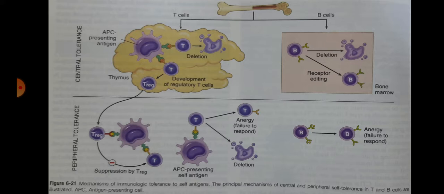Two of these inhibitory receptors are CTLA4, which like CD28 binds to B7 molecules, and PD1, which binds to two ligands that are expressed on a wide variety of cells.